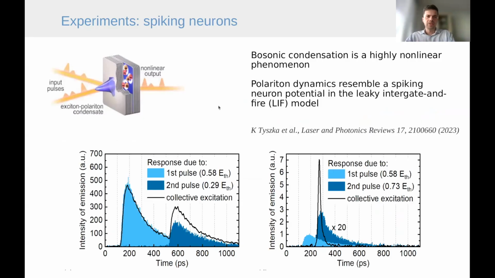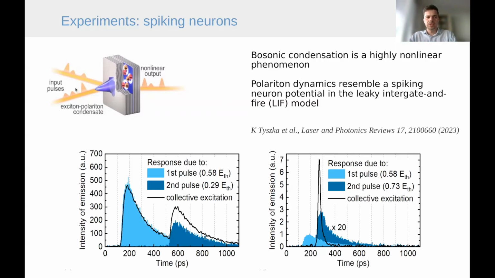What is also interesting is that polaritons can be used to create a spike neural network. So not just the standard artificial neural network as implemented in computers, but also neural networks that are more similar to the operation of a human brain. This comes again from the condensation and the fact that this is a highly nonlinear phenomenon.